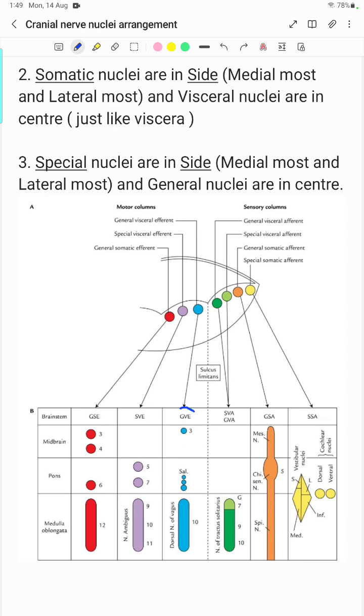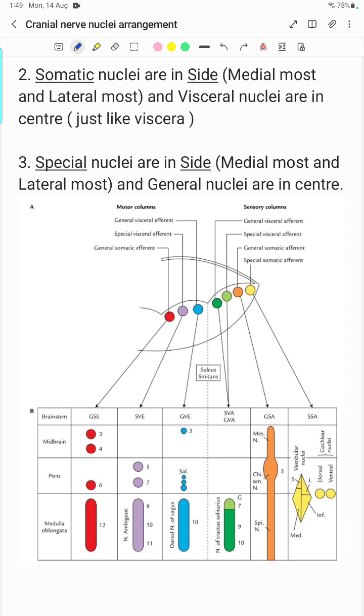So general visceral efferent is parasympathetic, special visceral efferent is branchial arch muscles, and general somatic efferent is extraocular muscles and muscles of the tongue. Then there are special visceral afferent and general visceral afferent. Afferent means something which is sensory, and visceral means from inside our body, and in that, general sensations are like information about distension or ischemia of our viscera, like the GI tract or heart or lung.